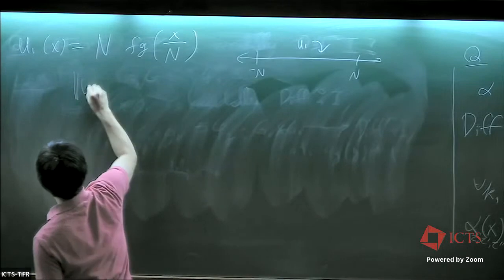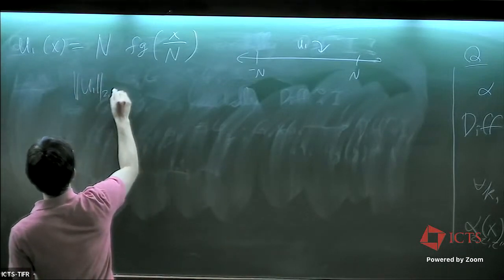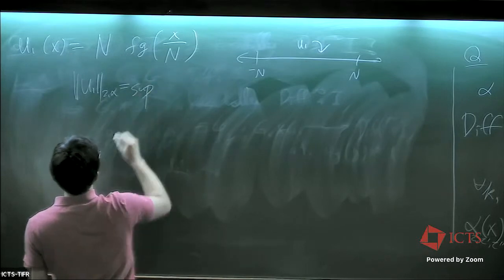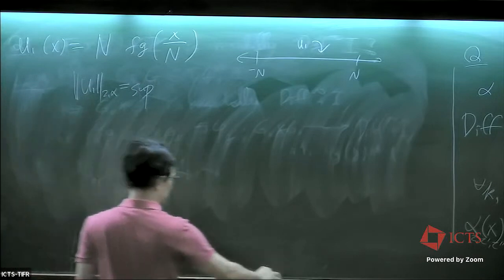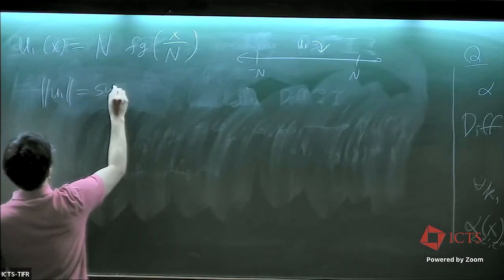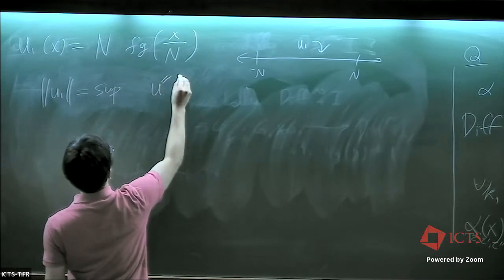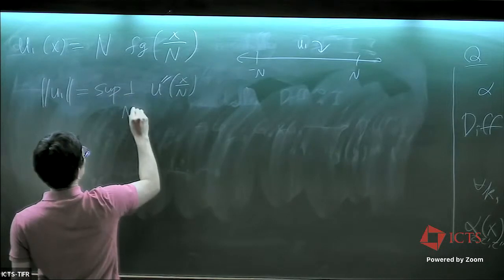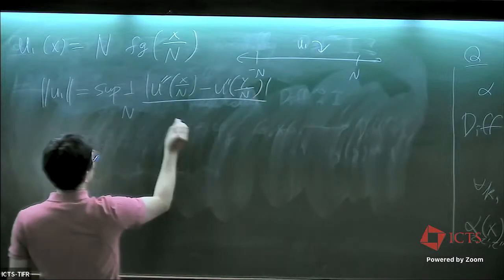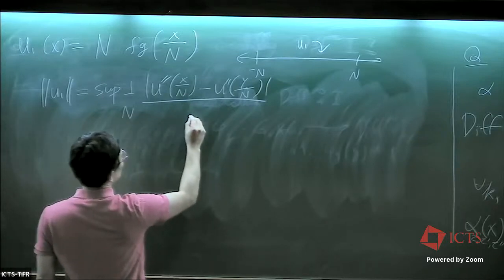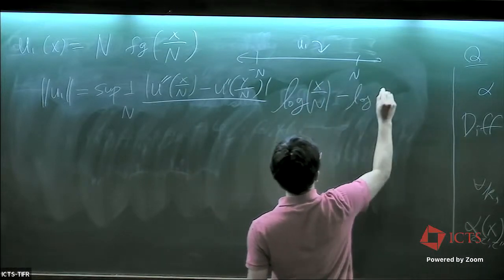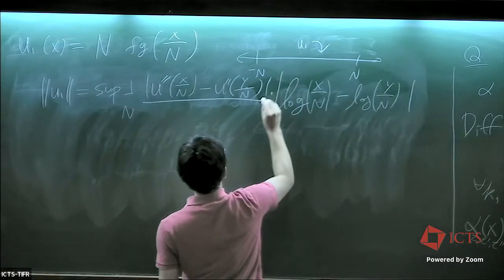Then we almost win, because if you compute the U1 norm, the alpha norm, you are computing the supremum of, taking the second derivative of this thing, U2 prime of x over n, 1 over n, minus U2 prime of y over n, divided by the multiplication of x over n minus the logarithm of y over n. So this is the 2 comma alpha norm.